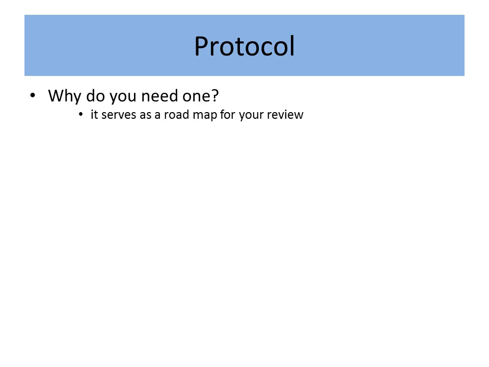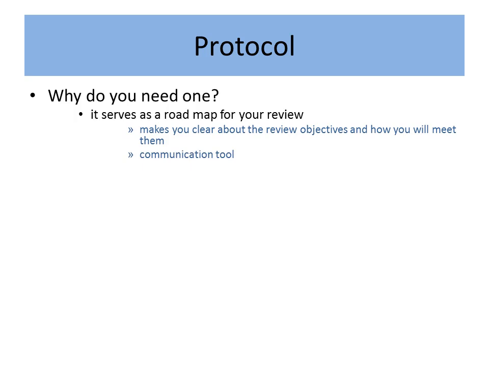Firstly, the protocol serves as a roadmap for the review. It makes you and other members of the review team clear about your objectives and how you will meet them. For example, what are the specific inclusion criteria for the studies you are interested in, and what type of studies are you not interested in? It also acts as a communication tool, bringing the review team together to agree on the finer details of the review at the very start.